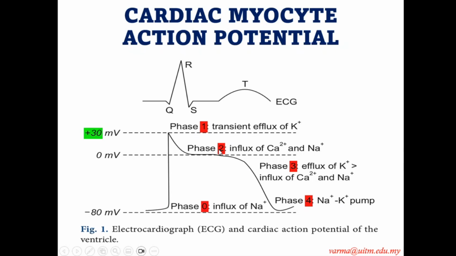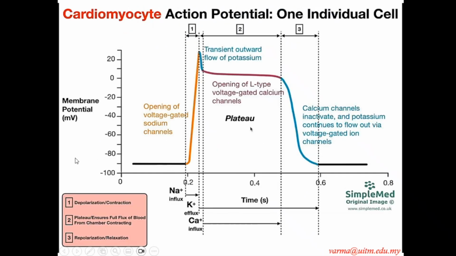The distinguishing feature between skeletal muscle and cardiomyocyte is this plateau, which causes the refractory period, because of the influx of calcium and sodium in between the repolarization phase, which maintains the electrical gradient. So: opening of voltage gated sodium channels, phase 0; then phase 1, transient outflow of potassium; opening of L-type voltage gated calcium channels and influx here maintain this plateau. Then finally the calcium channels inactivate, and potassium continues to flow out, causing repolarization.